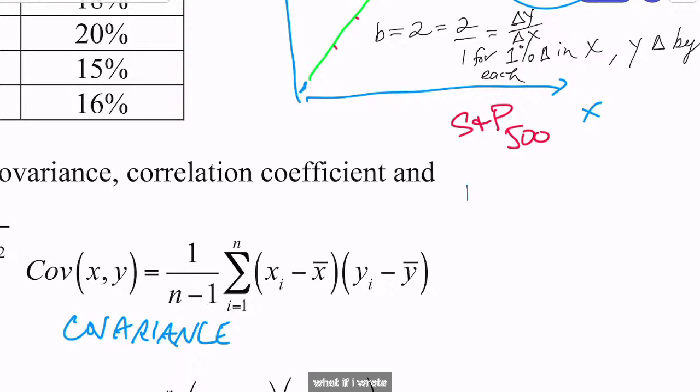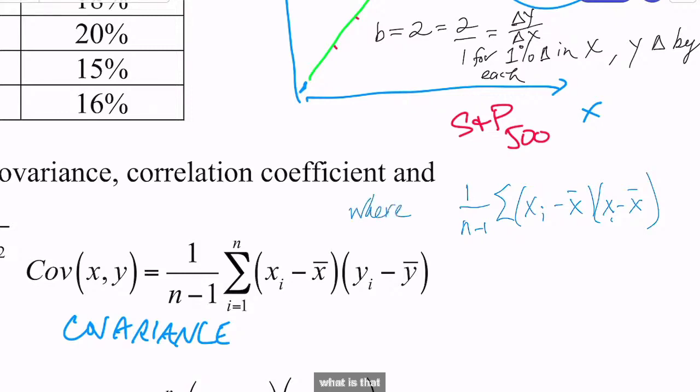What if I wrote that? Statistics is about averages and relative measures.